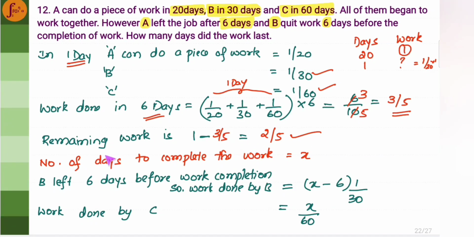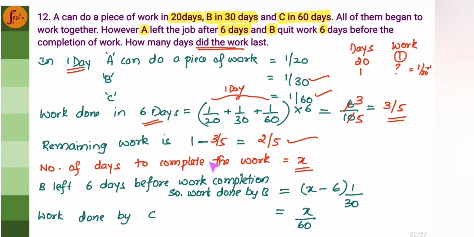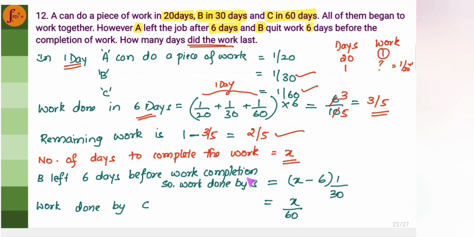Now, because they've asked how many days the work lasted, we'll assume the number of days to complete the work is X. B left 6 days before work completion.